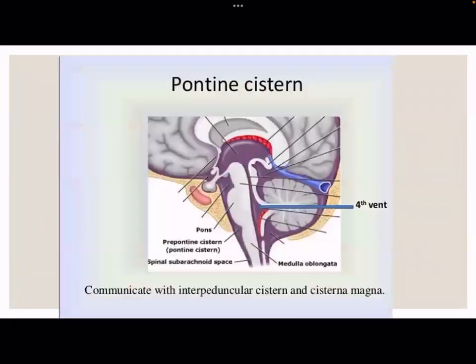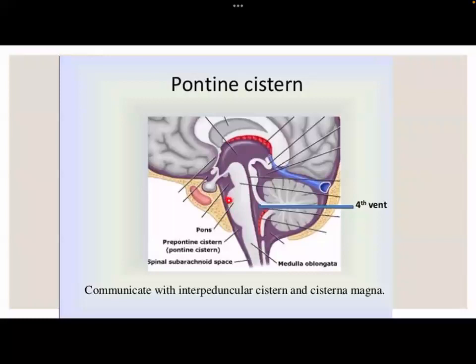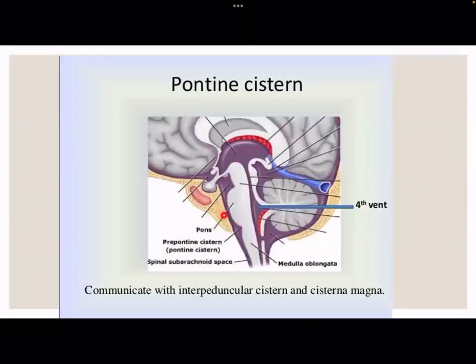Next is the pontine cistern. The pontine cistern, or the prepontine cistern: its location is between the pons and the clivus. It is continuous downward with the spinal subarachnoid space, and above with the interpeduncular cistern.